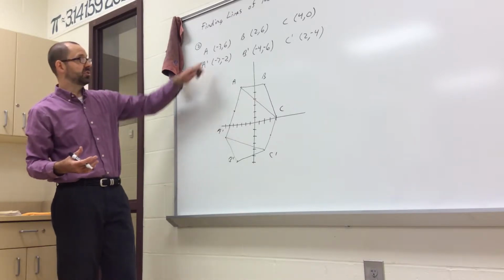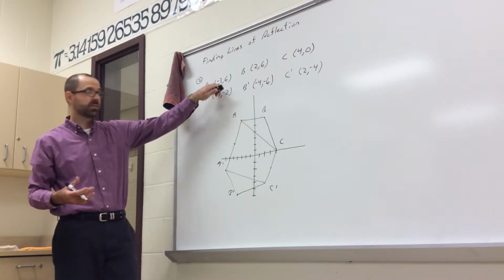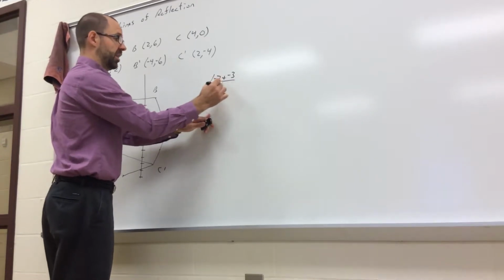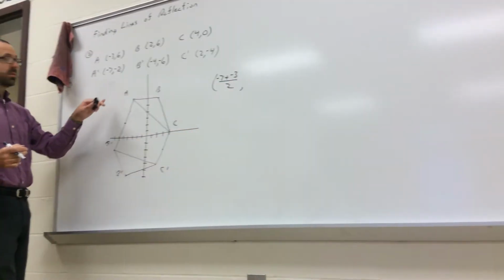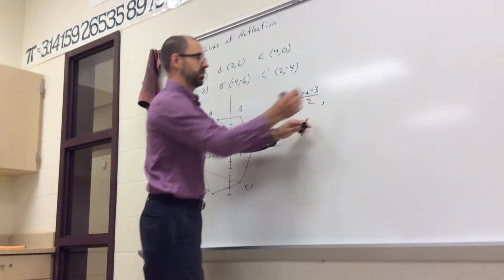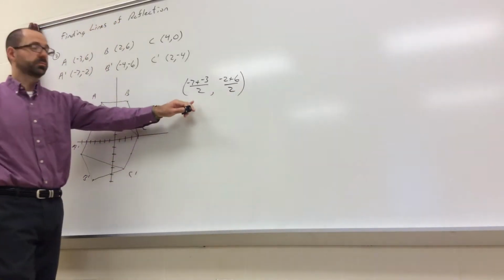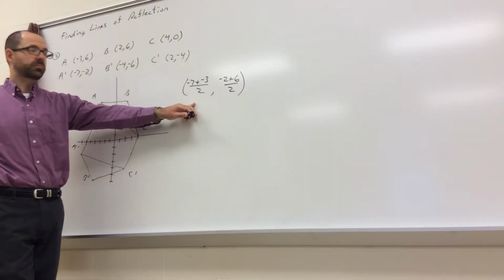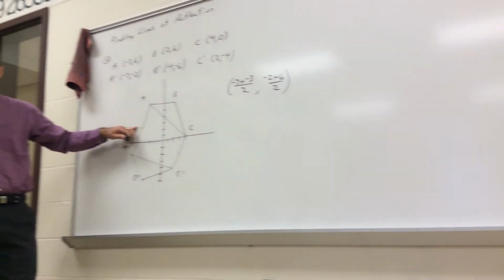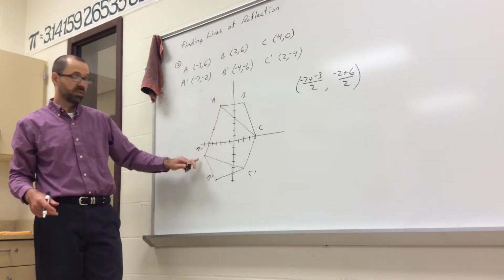So the way you do that is you add the x's, so -7 plus -3, and then divide by 2, and -2 plus 6 divided by 2. So I'm figuring out the midpoint because we know that the reflection line is going to go through the middle of the connector line.